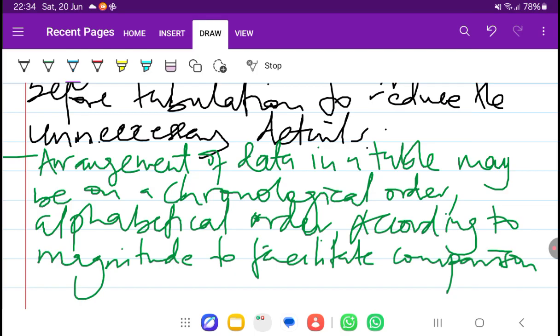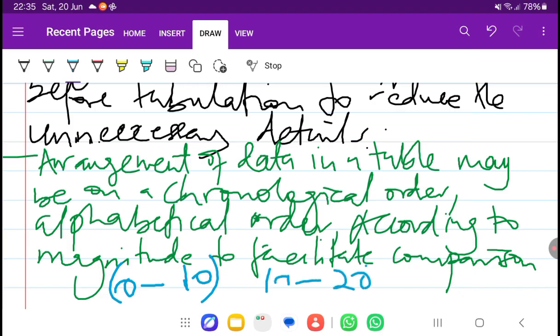Now, what we mean here is that when you are giving out information, it's always good to give it in a certain order. Maybe you start with the smallest up to the highest, or from the highest down to the smallest. But most of the time they give smallest to biggest, that is the ascending order. So if you are giving the ages of students, maybe you start from 0 to 10, that's one class, then from 10 to 20, and you also indicate the frequency.